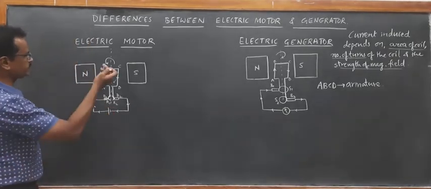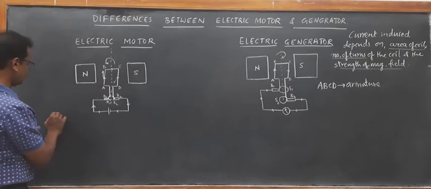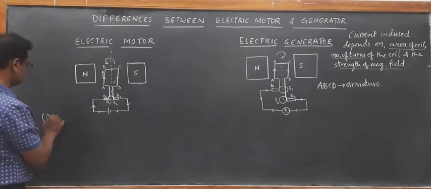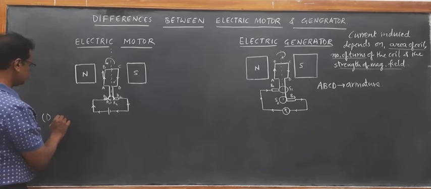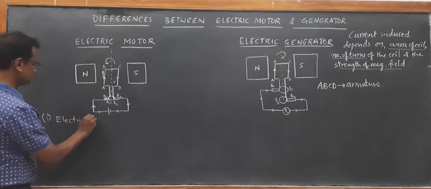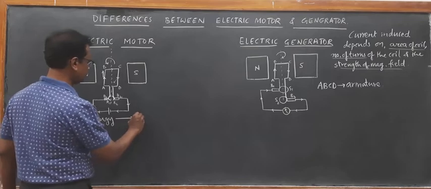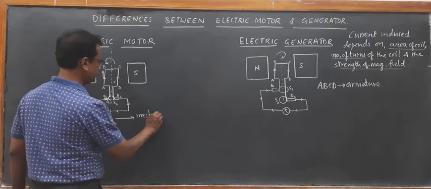So you can just write: first, electric motor. What is an electric motor? It is the one wherein electric energy is converted into mechanical energy.